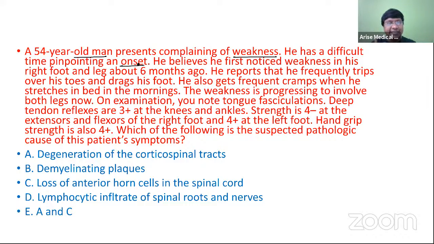When exactly the onset of weakness occurred is not known. He believes he first noticed weakness in his right foot and leg, that means in the right lower limb, about 6 months ago.